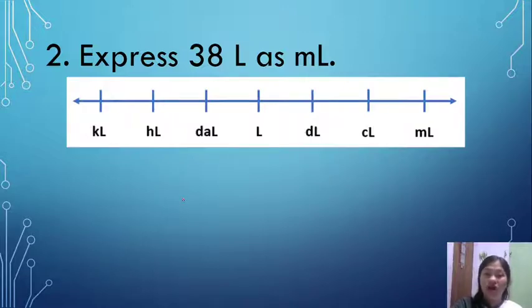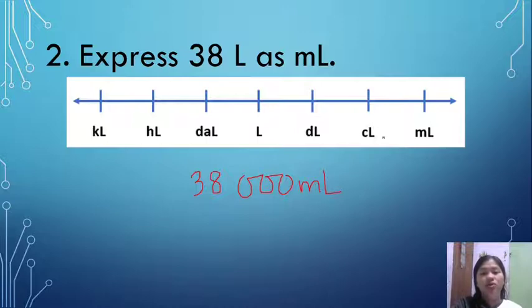You can also count without writing curved lines. You can use mental counting. So from liters to mLs. Okay, I reveal the answer now. So the answer is 38,000 milliliters. So we are going to move how many? 1, 2, 3. 3 movements going to the right.